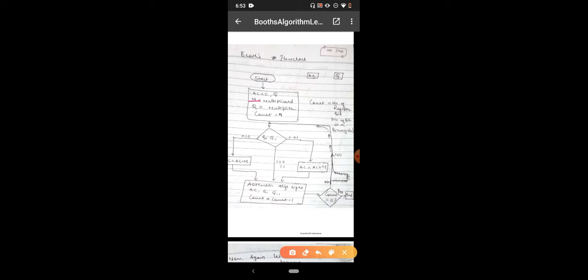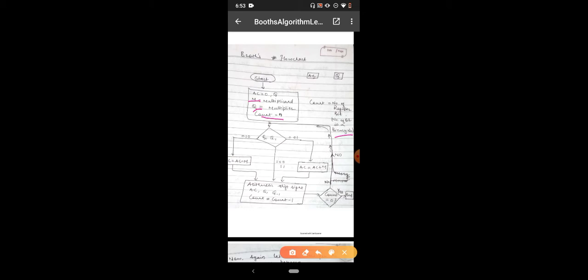We take the numbers M and Q. Then we take count equal to n, that is, the number of bits in the multiplicand and the multiplier, the number of bits in the register or your binary number. In examples this count may be given to you; if it is not given, take the count to be equal to the number of bits in the binary number.